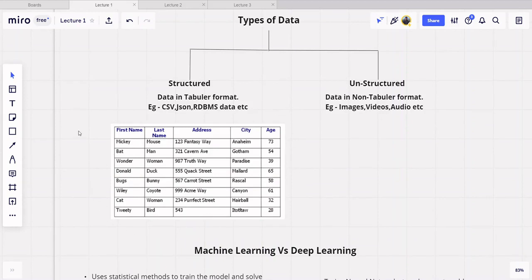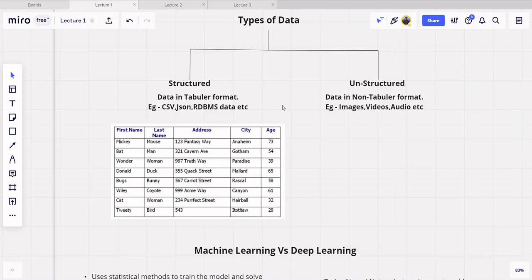As you can see on the screen, we have the first name column, the last name column, a column for the address, city, and age. So basically any data that you can write in a tabular format, you can say that it is structured data. CSV files or JSON files or database files from relational databases, etc. All these are structured data.